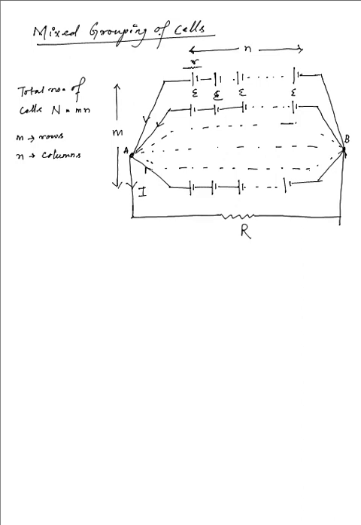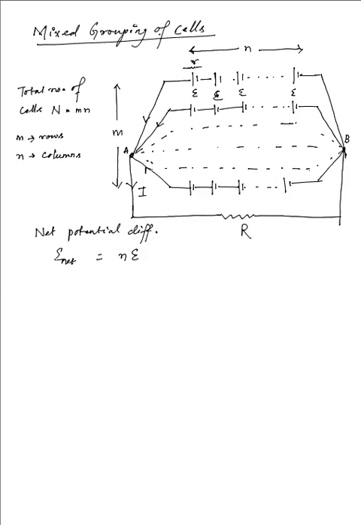Each wire has n number of cells, each cell has an EMF E, and they are all aligned in the similar sense. So the net potential difference across AB, we take it as E net, and E net here is n times E.